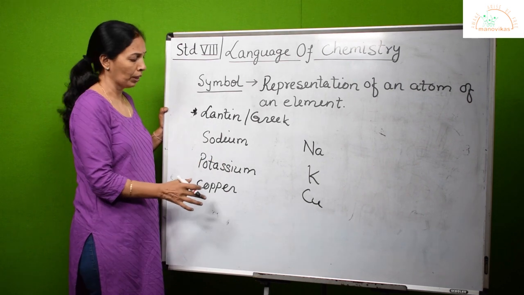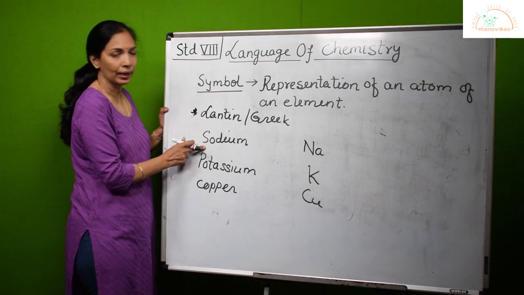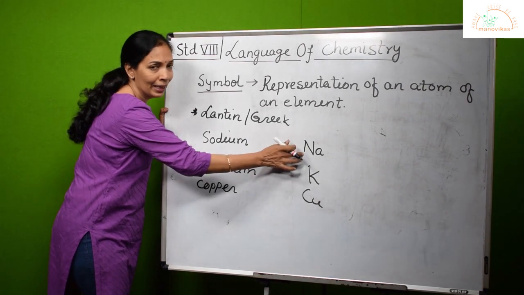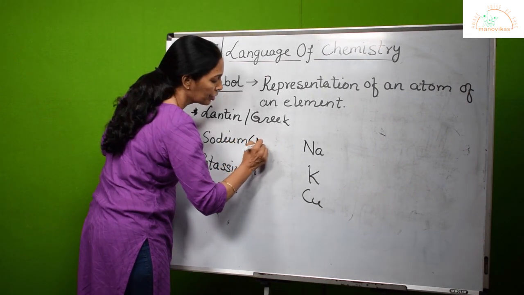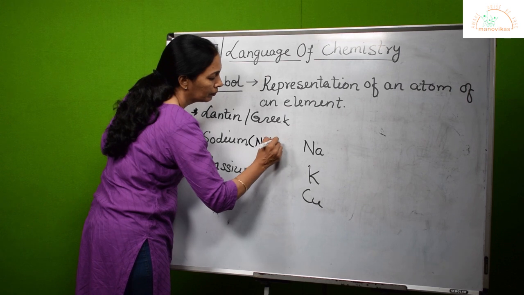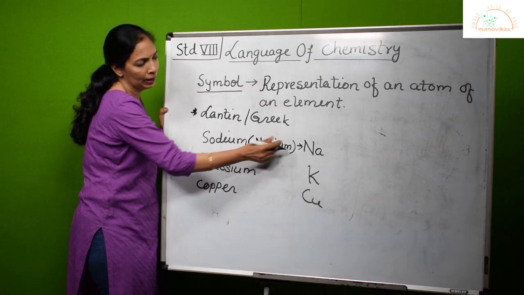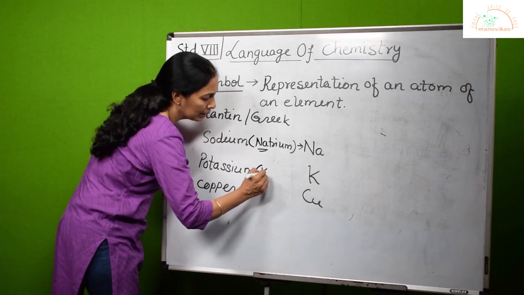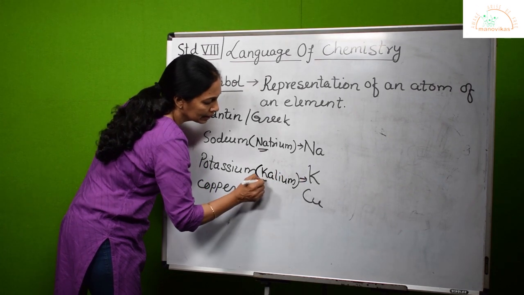Let us see what is happening here. Now sodium is Na, and this Na has nothing to do with the word sodium. This Na is taken from its Latin name, which is natrium. For potassium, the Latin name is kalium, so the K is taken.